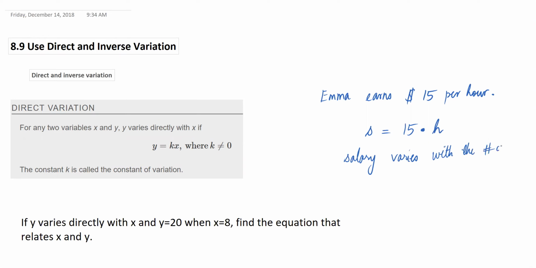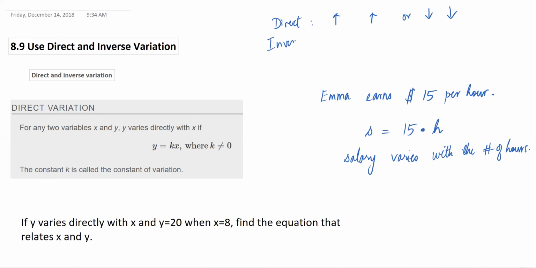We just saw that there are two kinds of variation. It can vary directly or it can vary inversely. So we have to figure out how this varies. Direct variation means as one increases, the other also increases, or when one decreases, the other also decreases.